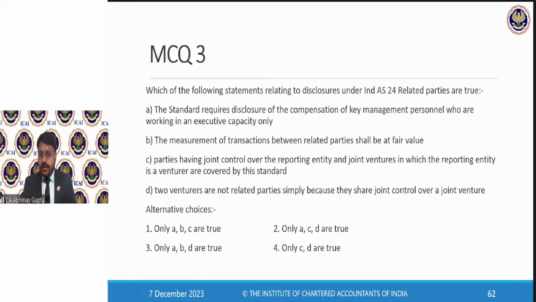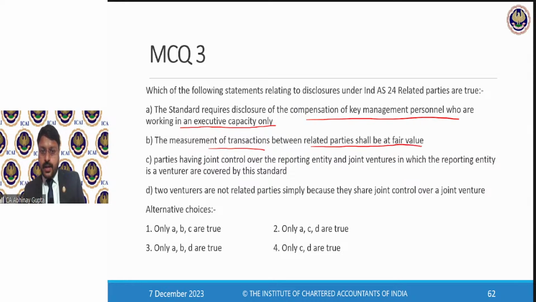Which of the following statements relating to the disclosure under Ind AS 24 related parties are true? Statement A. The standard requires disclosure of the compensation of KMP personnel who are working in an executive capacity only. Statement B. Measurement of the transaction between the related parties shall be at fair value.